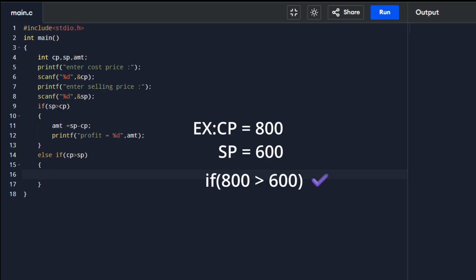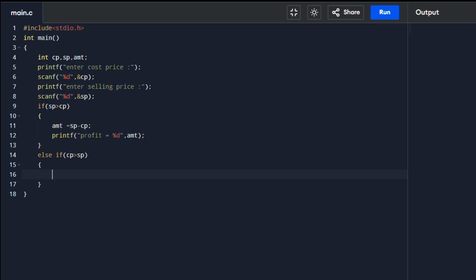Now after determining that loss occurs, the computer calculates the loss. Amount is equal to CP minus SP. Using this formula, loss is equal to CP minus SP. 800 minus 600 equals 200. Then amount becomes 200. After calculating the amount, the computer has to display the loss, right? So printf loss is equal to percent d, comma, amount.